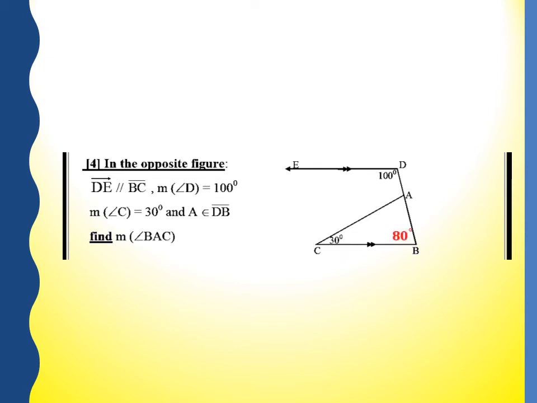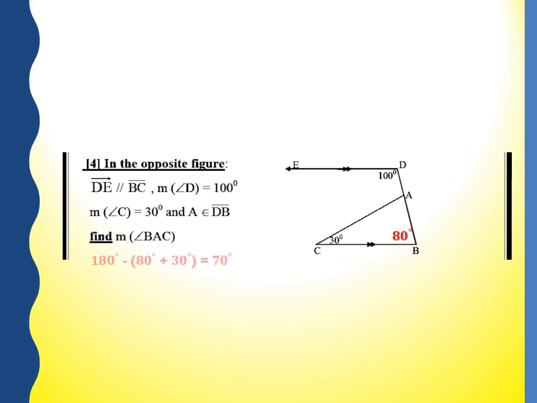Here we have the ray DE parallel to the line segment BC, then the measure of angle D and measure of angle B are supplementary. The sum of their measures equals 180. Then measure of angle B is 80 degrees.